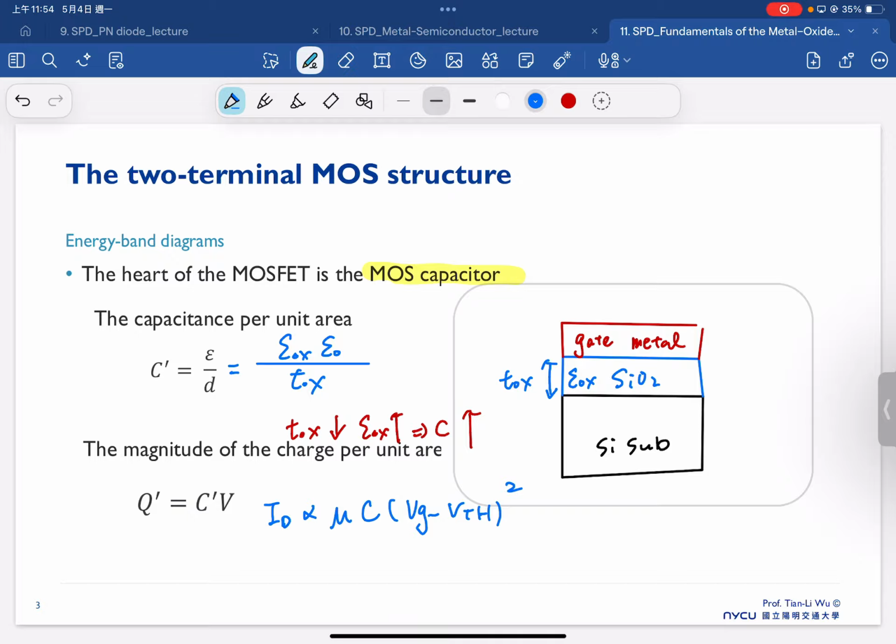So from this equation, we can realize that if we can increase the capacitance, in the end we can increase the output current. That's why we do the scaling: if we can make our dielectric thinner, normally we can boost our current. And from a system perspective, higher current always brings us better performance. So that's the goal.